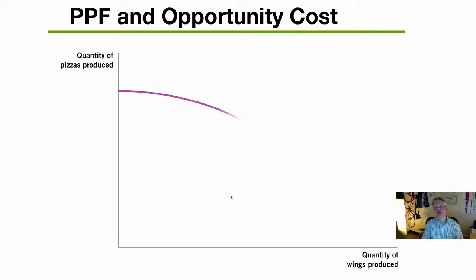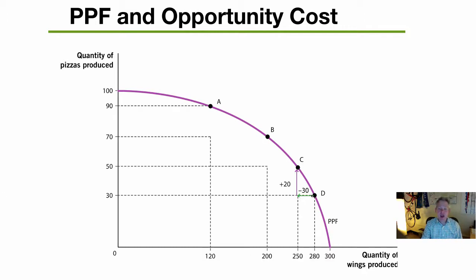And this is what the standard production possibilities frontier will look like for this class, right? And again, the reason that it's bowed like this is because as you get closer and closer to this point, you are having to give up more and more wings, all right, per pizza that you're producing. As you get closer to this point, you're having to give up more and more pizza per wing that you're producing, all right? And that's what gives the production possibilities frontier this bowed shape, all right?